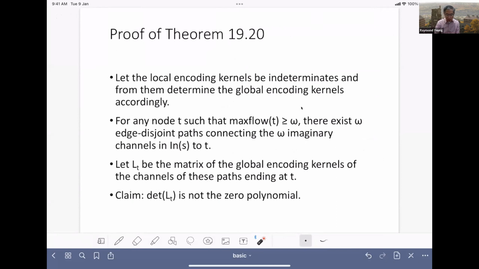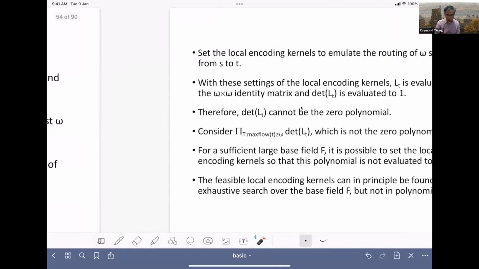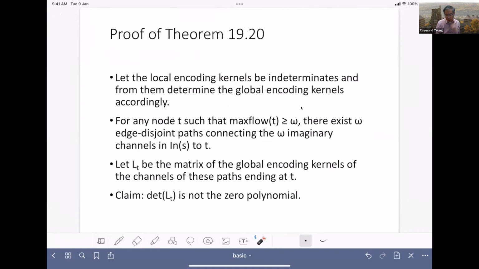Now, in general, we are talking about just any node T in the network such that maxflow(T) is greater than or equal to omega. Okay.